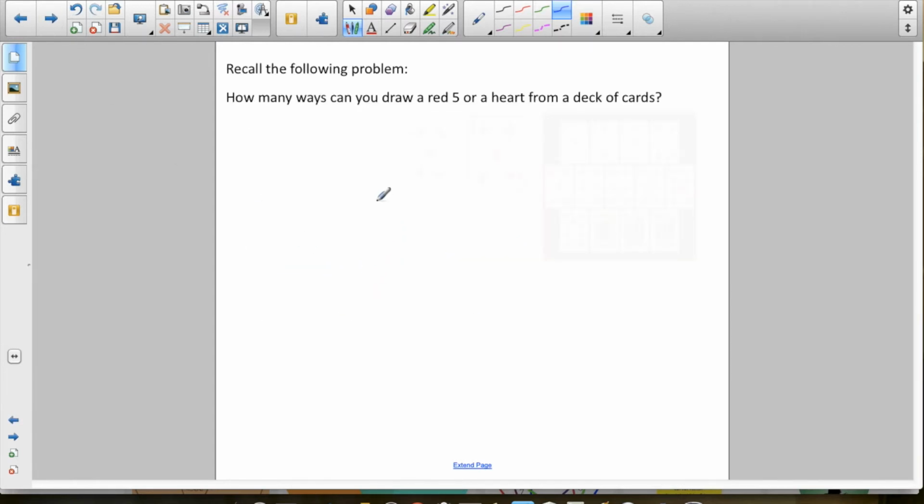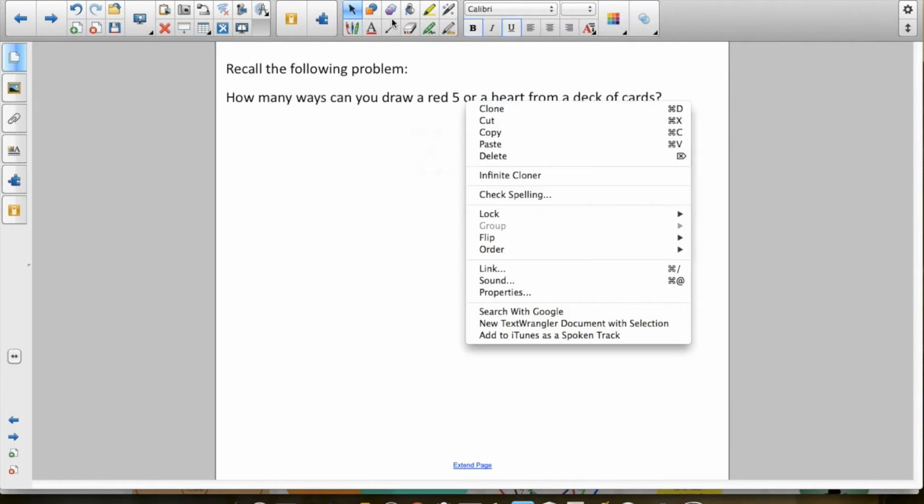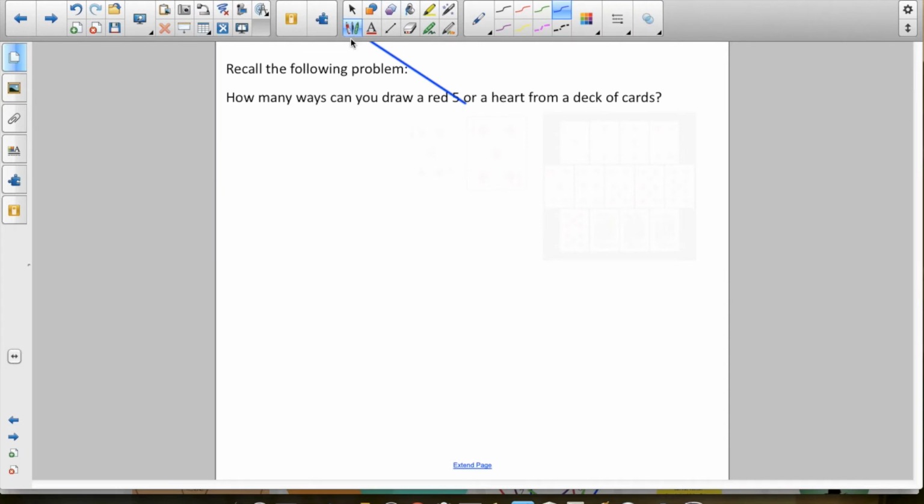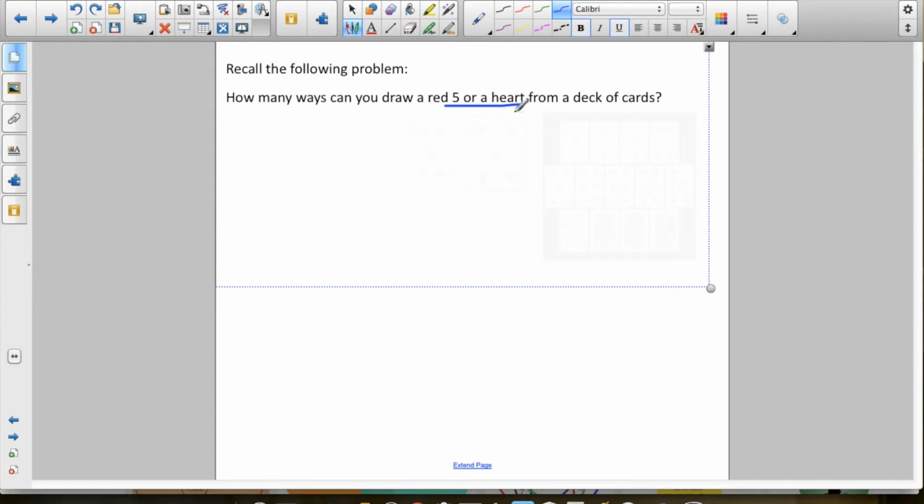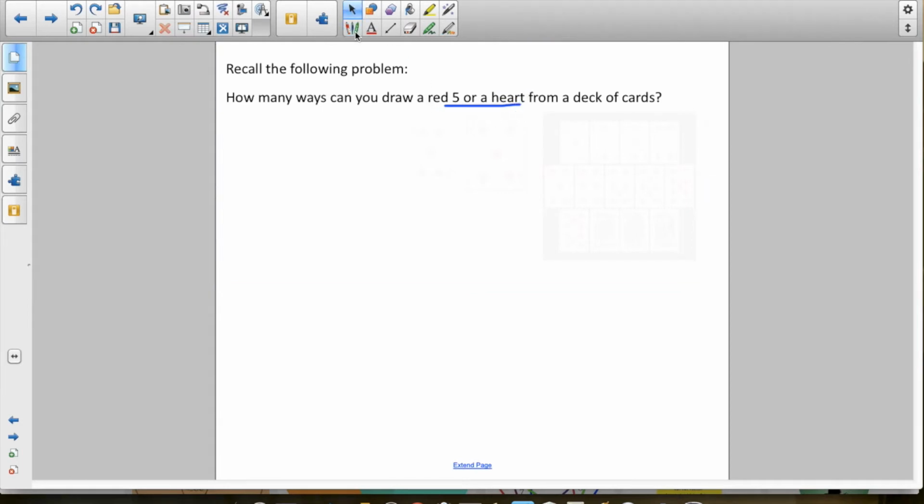Okay, so we had a question that was similar to this before. In how many ways can you draw a red 5 or a heart from a deck of cards? Not everyone's familiar with the deck of cards.